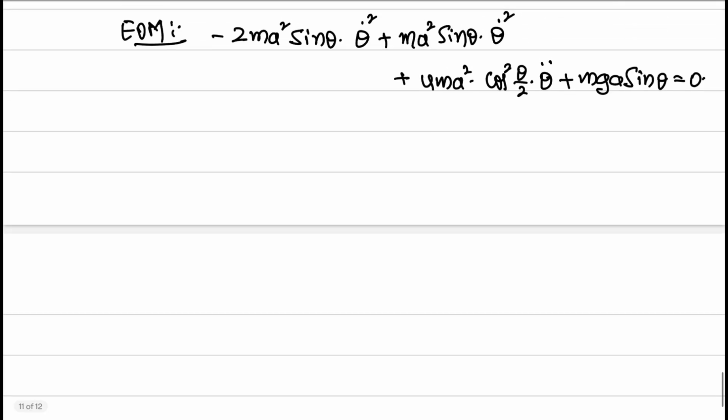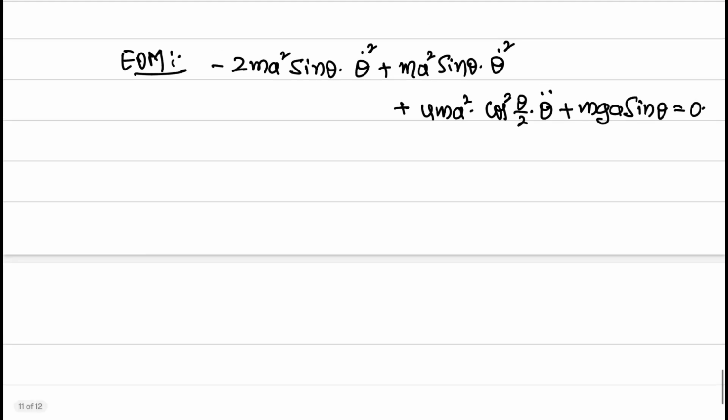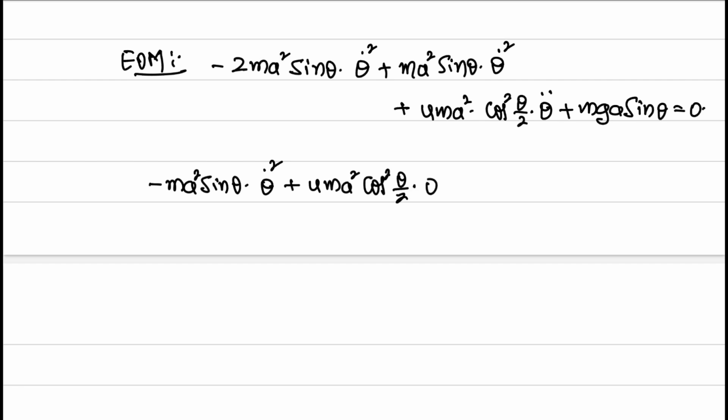It's not a linear motion. It's a curved motion. It's not a circular motion. Then the final equation will be this and this, they get cancelled: minus ma² sin θ θ dot squared plus 4ma² cos² θ by 2 θ double dot plus mga sin θ is equal to 0.